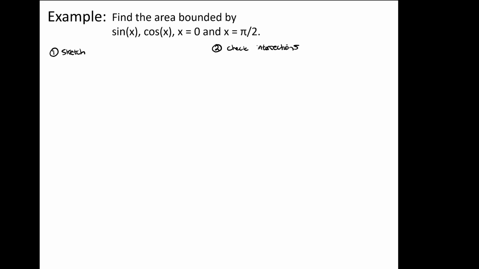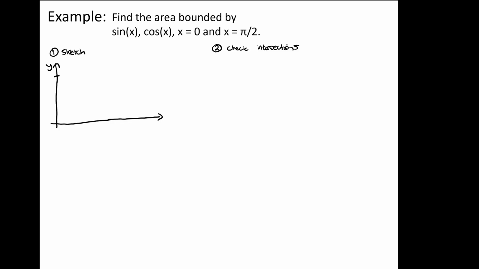Right, so the sketch. I know I don't need any negative x values since I'm going from x is 0 to x is equal to pi over 2. And that's first quadrant, so I don't need any negative y values either. Sine of x and cosine of x are positive, so that helps me identify where my sketch goes.